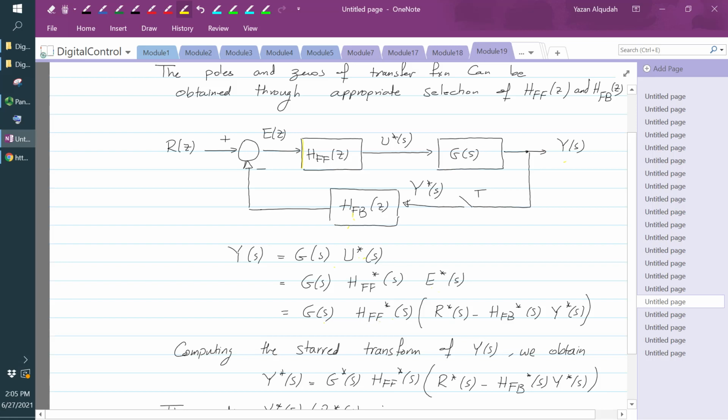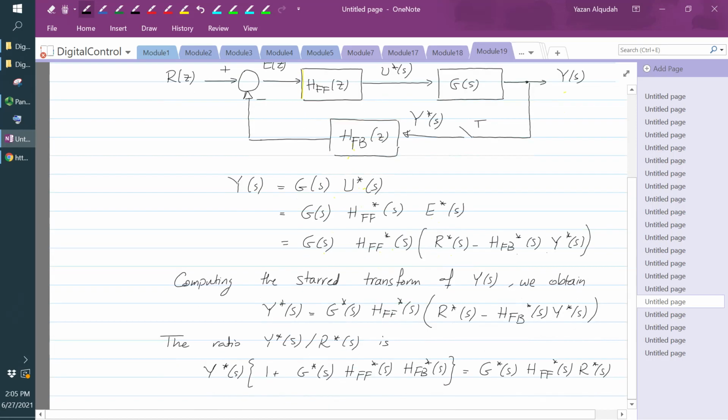E star is equal to R star minus HFB star multiplied by Y star. And if we compute the star transform, we're going to get Y star equal to G star multiplied by HFF star, R star minus HFB star multiplied by Y star.